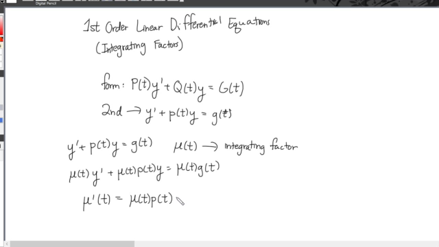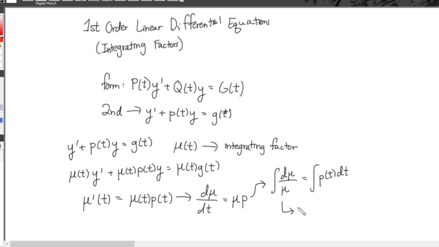Okay, great. And just to make it simpler, I'm going to rewrite mu of t as mu and p of t as p. And now all we have to do is integrate, and we get d mu over mu is equal to the integral of p of t times dt.